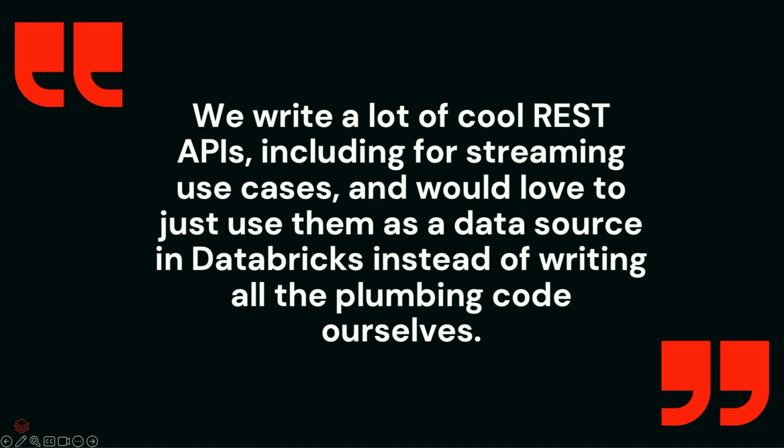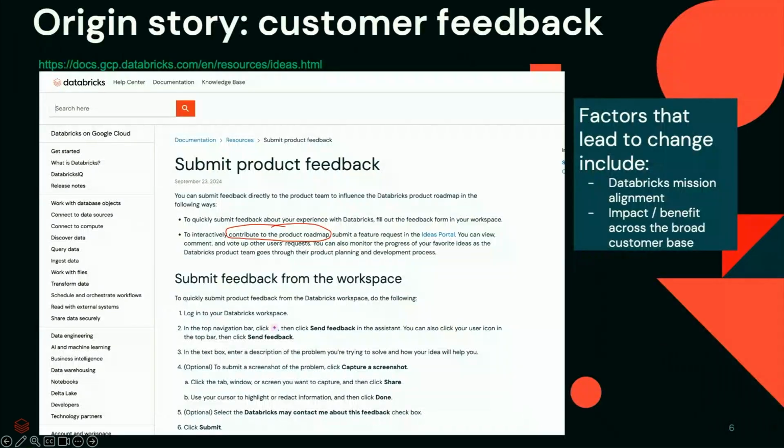And so getting the data in, and likewise, there's the same story on the other side of the pipeline. Getting the data out to custom sinks, that was another pain point. So we listened, and our PMs and engineers are pretty methodical about listening to our customers. Our mission is to democratize data and AI.